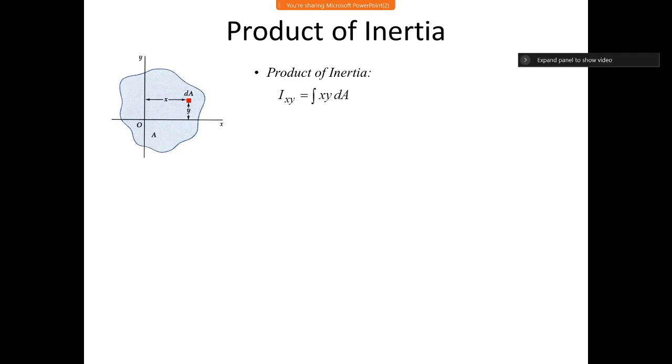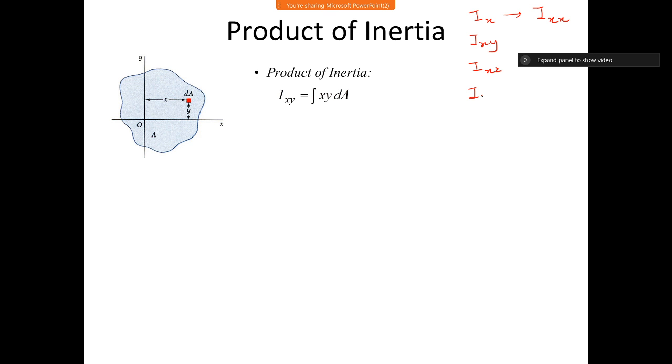What is called the product of inertia. So as I said, inertia is a matrix, and it will have components like Ix, and sometimes when I say Ix, it's the same as Ixx. Then we will have Ixy, Ixz.